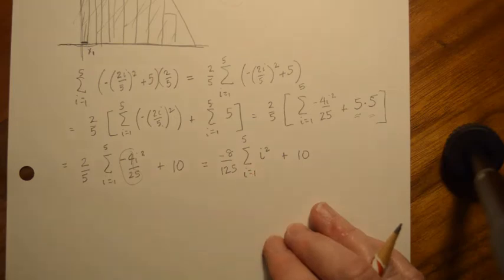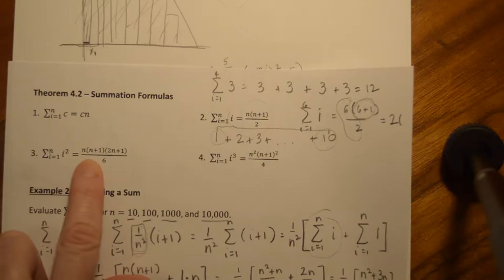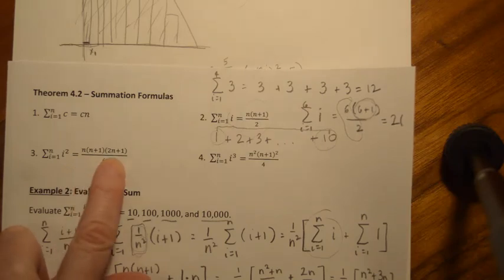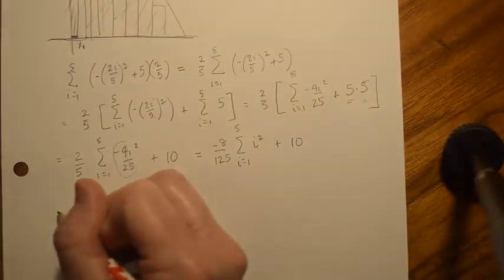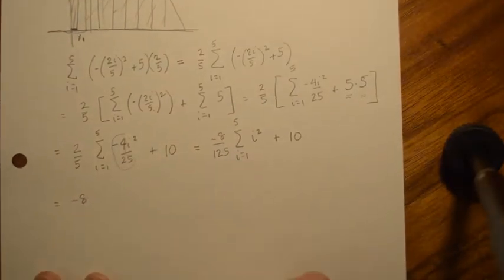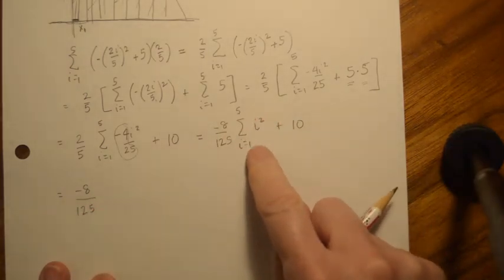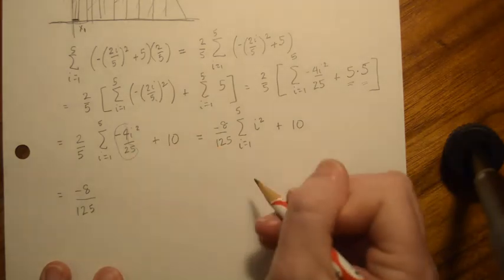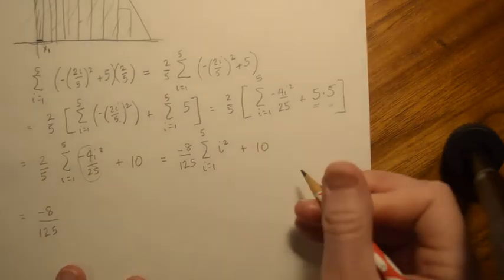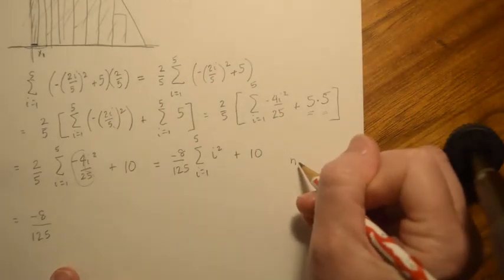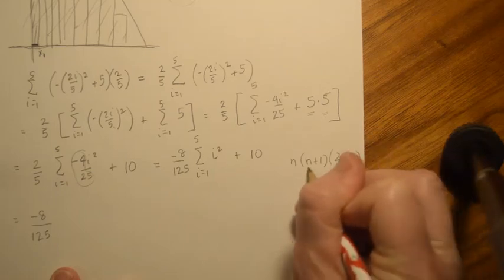And again, if you look back to this sheet right here, we've got that formula for i squared: n times n plus 1 times 2n plus 1 over 6. So this ends up being negative 8 over 125 times, and I'll write this down over here so you see where it's coming from, n times n plus 1 times 2n plus 1 over 6.